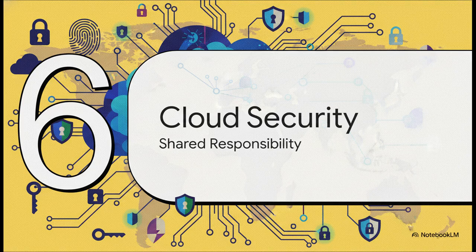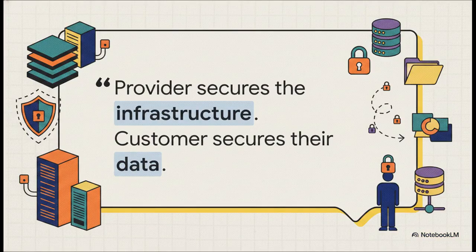And that brings us to our final section, Section 6, Cloud Security and Responsibility. Listen, if you only take one single thing away from today's explainer, please let it be this principle right here, the shared responsibility model. It's absolutely crucial. Cloud providers, like Amazon, Google, and Microsoft, they are responsible for securing the physical infrastructure.